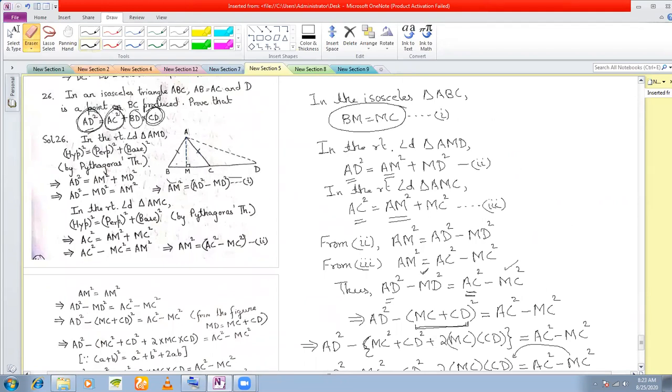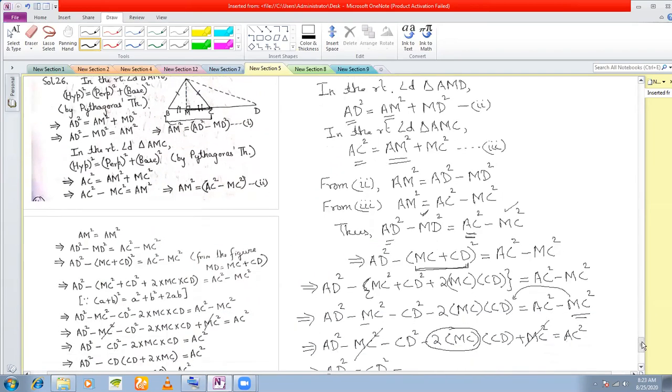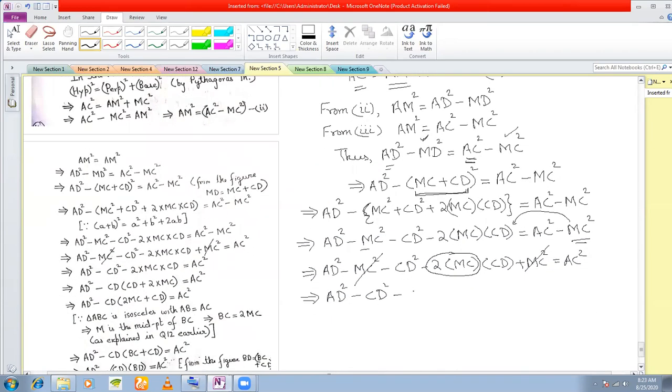If these two are equal, then twice this length must be equal to BC. So therefore twice MC I can write as BC. So this twice MC here can be written as BC into CD is equal to AC square. Let me write this from 1.